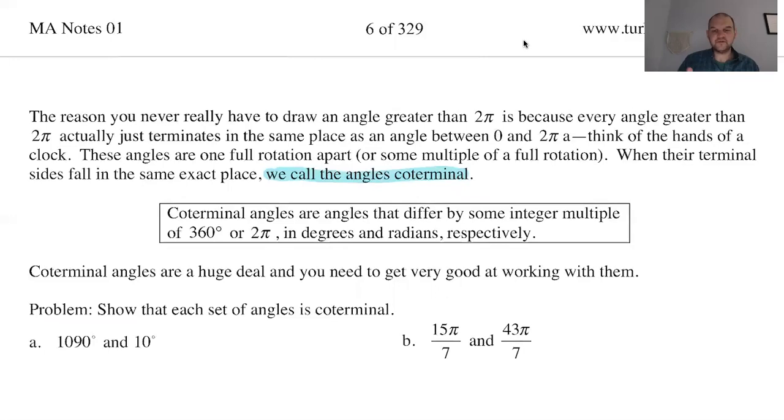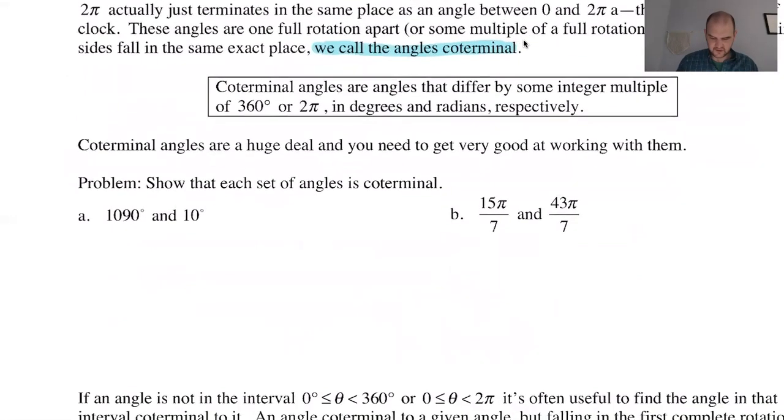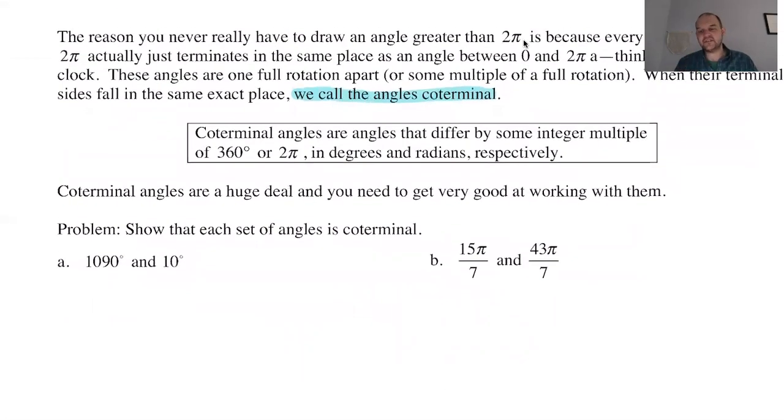We just figure out: is it coterminal, and if so, what is it coterminal to? Coterminal angles are angles that differ by some integer multiple. The integer multiple is really important. It can't just be 1.3 times 2 pi. That doesn't make any sense. It's got to be a full circle, and a full circle is 2 pi or 360. So they have to differ by an integer multiple.